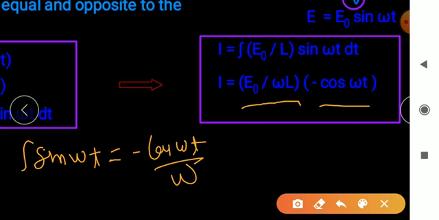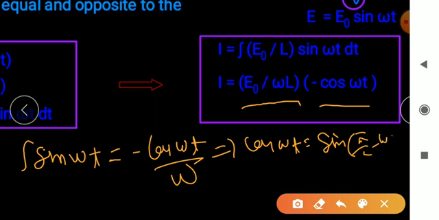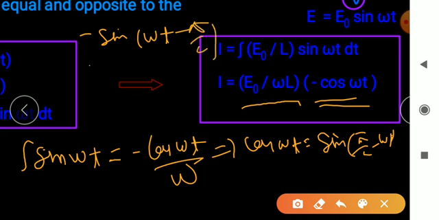And we know that cos omega t can be written as sine of pi by 2 minus omega t. Here we have minus cos omega t.